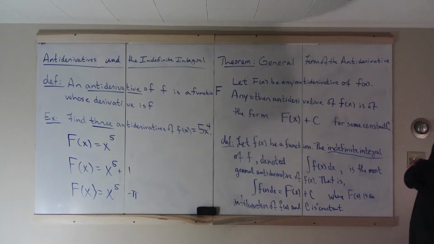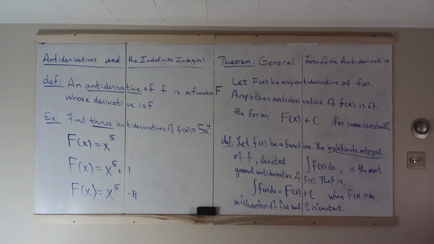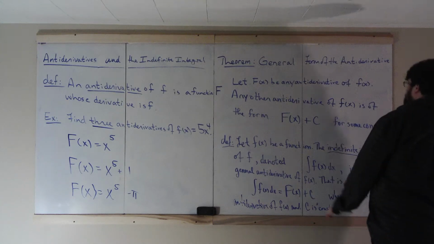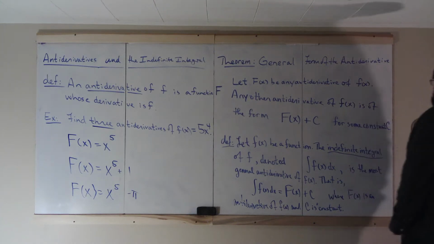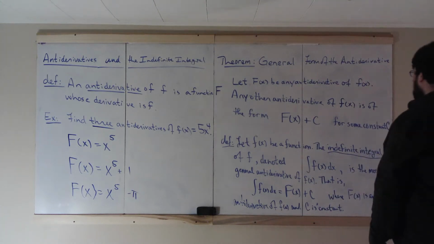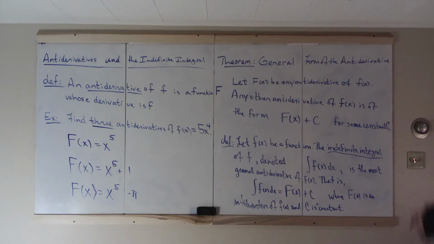So, theorem, general form of the antiderivative: let capital F be any antiderivative of lowercase f. Any other antiderivative is of the form capital F plus c for some constant c. The only way we can get another antiderivative is by changing the constant around. And that's an important thing to find, especially since we know all these derivatives.